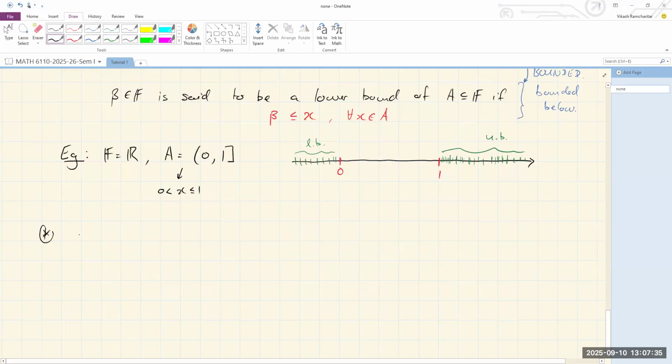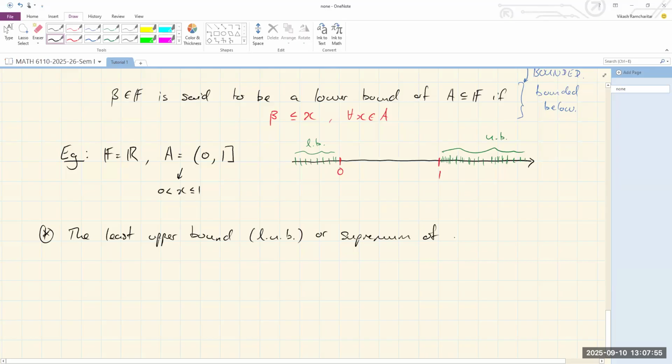Okay, so the least upper bound, sometimes it's called LUB, or we simply say the supremum, or you could say SUP.